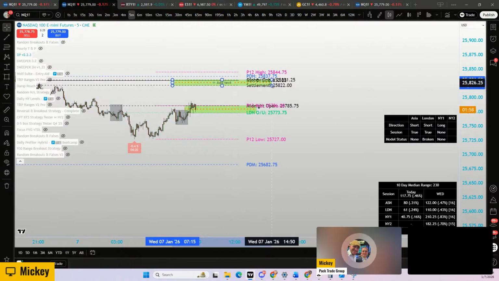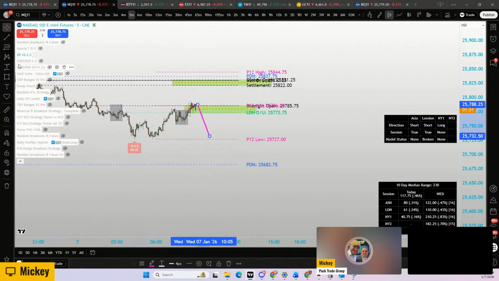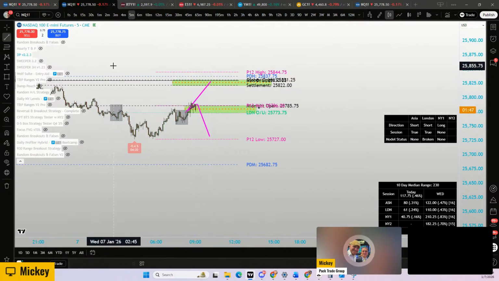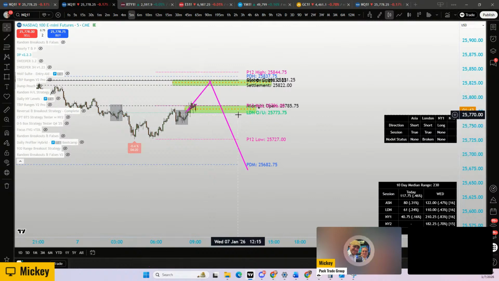But remember, that would support the false, which would be boom, and then boom, or we net up here and then go down, right? Which is definitely a possibility, right?